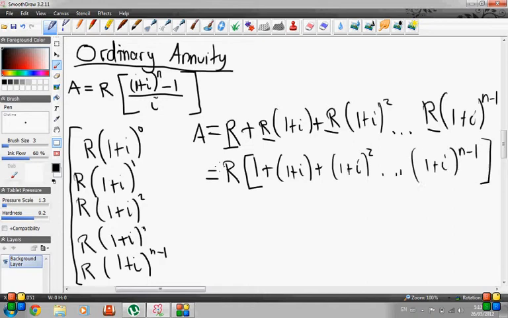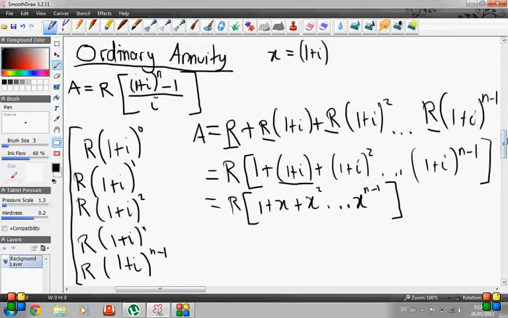Now I'm going to cheat a little here. I'm going to replace 1 + I with the variable x, so x equals 1 + I. Let's rewrite that to make it simpler: R(1 + x + x squared, all the way up to x to the power of n minus 1).